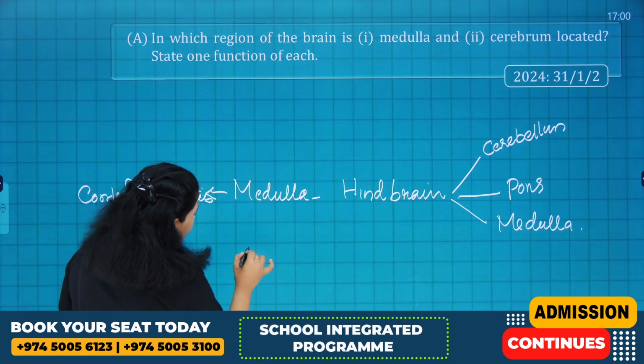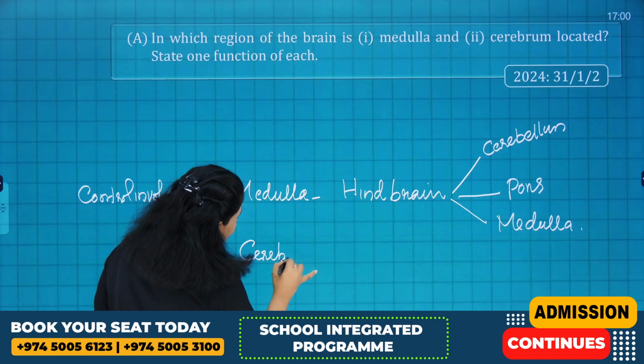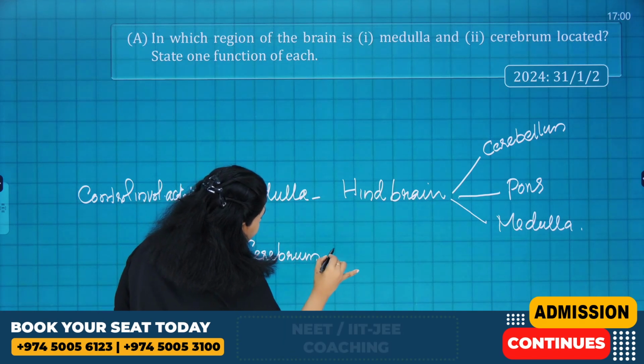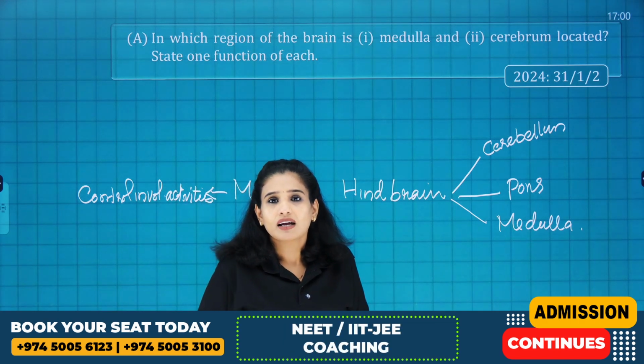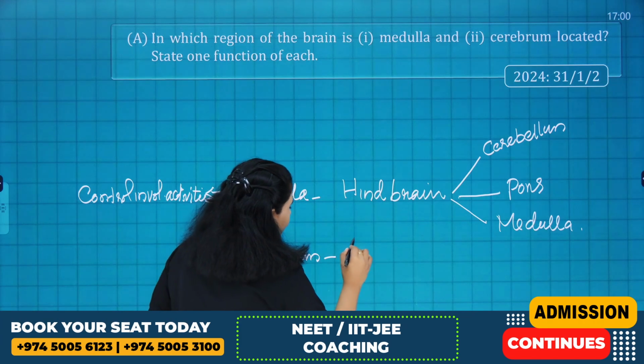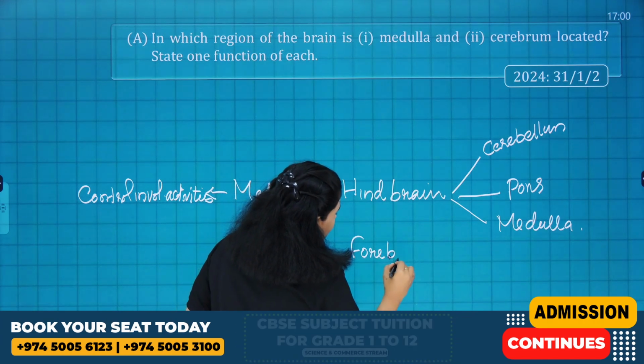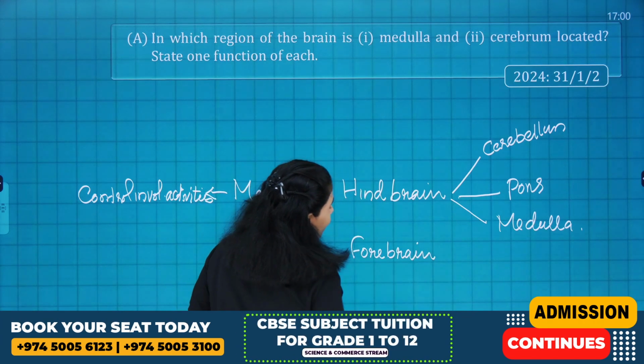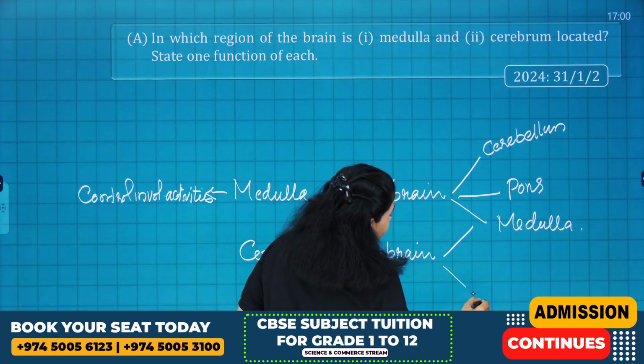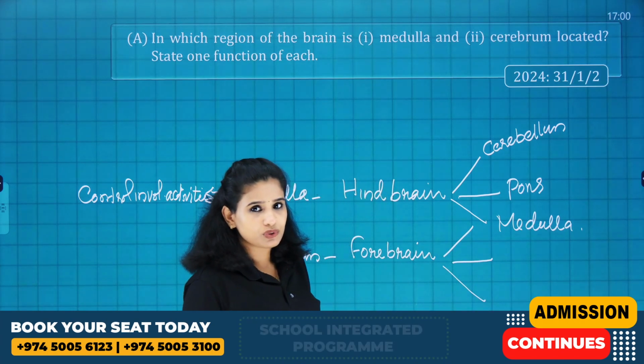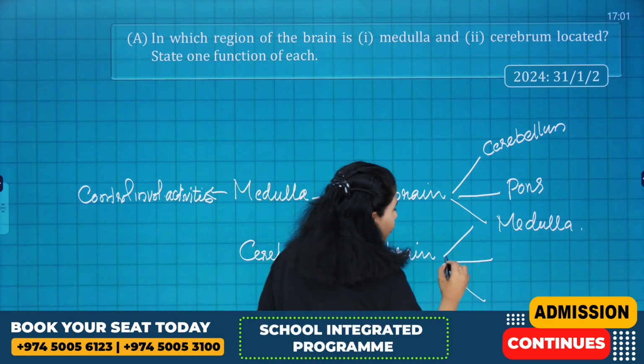Next is the cerebrum. Where is the cerebrum located? The cerebrum is located in the forebrain. Again, the forebrain has three parts. Which are the three parts included in the forebrain?